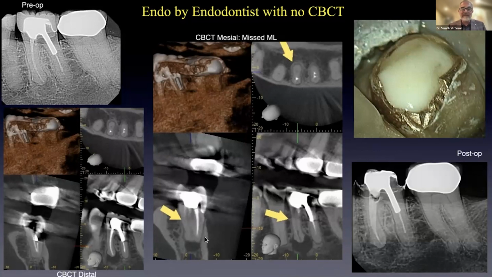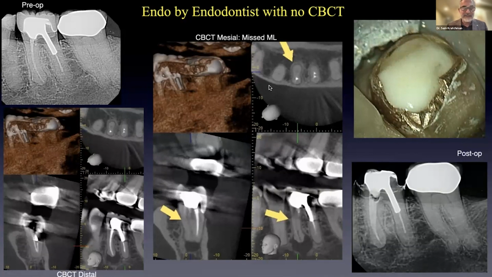So I didn't even have to retreat the distal. There was no lesion there. And he was nice enough, the dentist, to cut off this crown and temporize it for me. And right when I went in through the buildup and removed the gutta percha and located the missed canal, look at all this pus coming out. So this is a missed mesial lingual canal, and all it needed was for me to do the retreatment of it.